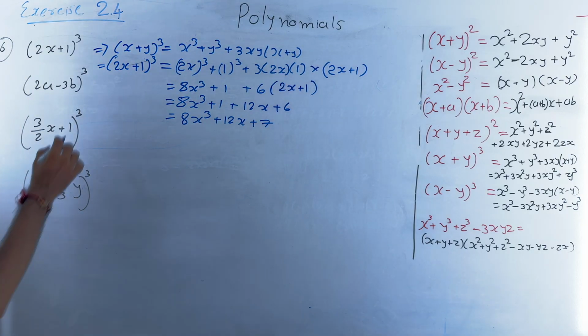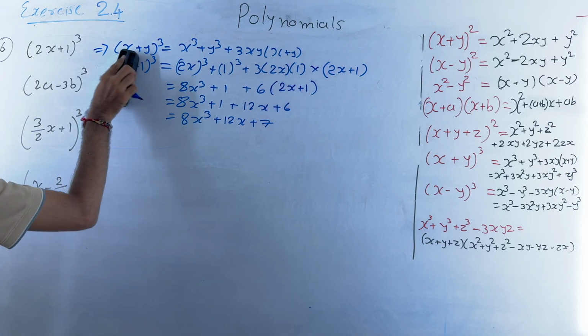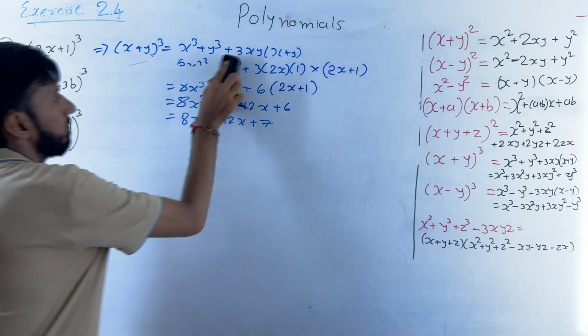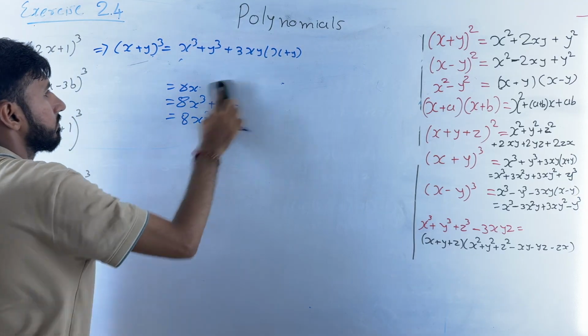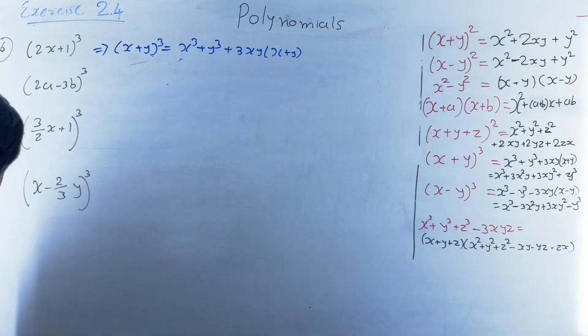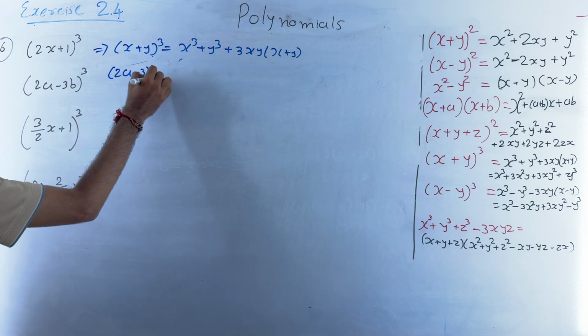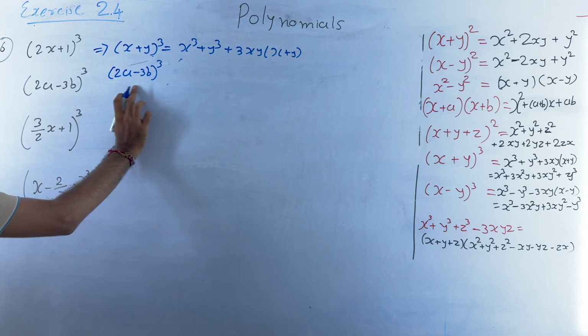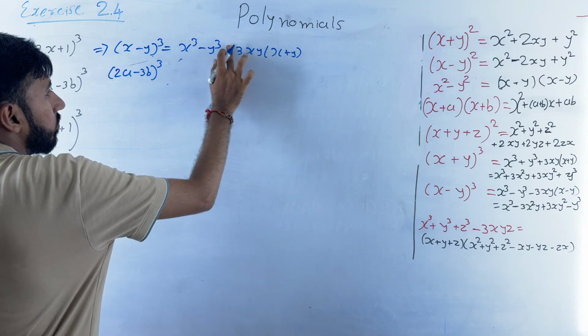Very easy. I will do it for the second one. So I will just erase this. My second question is (2a − 3b)³. Now I have a negative sign here, so I have to change the sign; all signs will become negative.